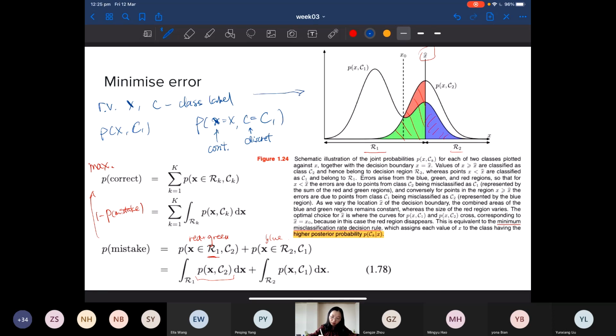I find it helpful to think that there is the axis C and the axis X. On axis C there are actually just two values, C2 and C1.